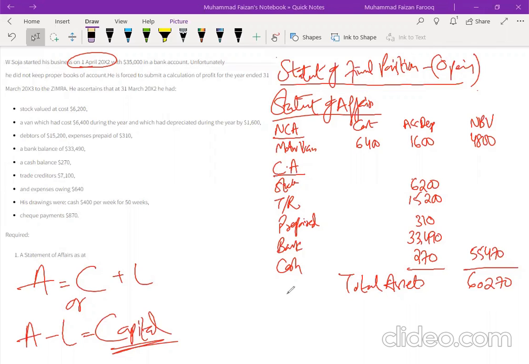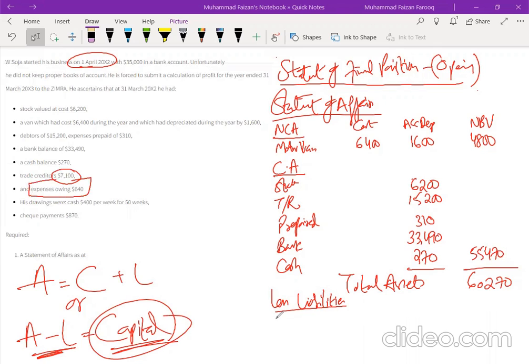Now we have total assets. What we need to do? We need to deduct liabilities. If I deduct liabilities from assets, I will get the capital balance. Now I have liabilities of 7,100 and expense owing. Expense owing is the payables, that is, accruals.